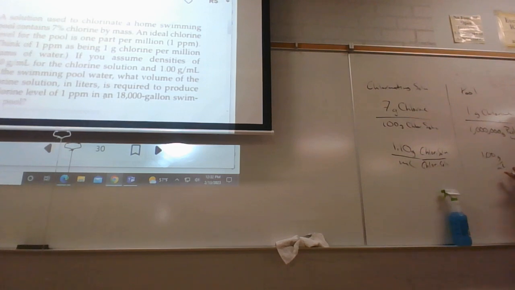Probably wouldn't drink it, but it's close to pure. It's got the density very close to pure water. Pure water is slightly less. Get to 3 sig figs. This is the 3 sig figs. And so this is going to be grams of pool water per milliliter of pool water.